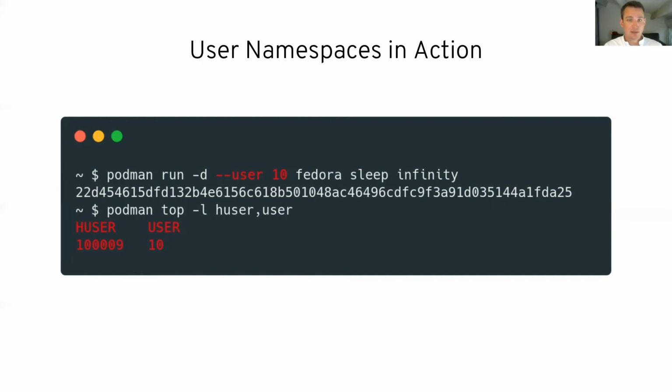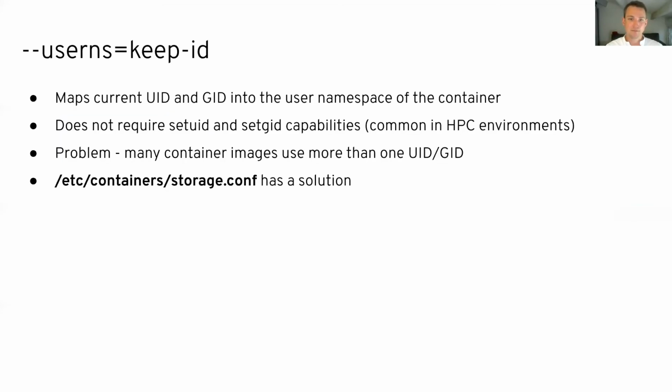If you're interested in that, there are a couple of talks and blog posts, and it's also explained in the main Podman man page. So go check that out if it's of your interest, how these things are set up underneath. The single UID mapping that I mentioned before can be set up by using the --userns option with the value keep-id.